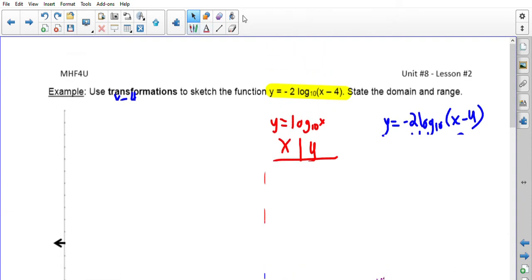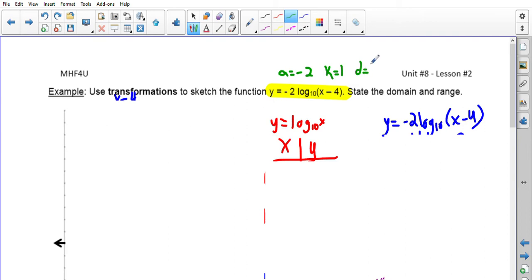All right, so here we can see that a is negative 2, and k is an imaginary 1, d is 4, and c is 0. So really there's only 2 main things happening here.